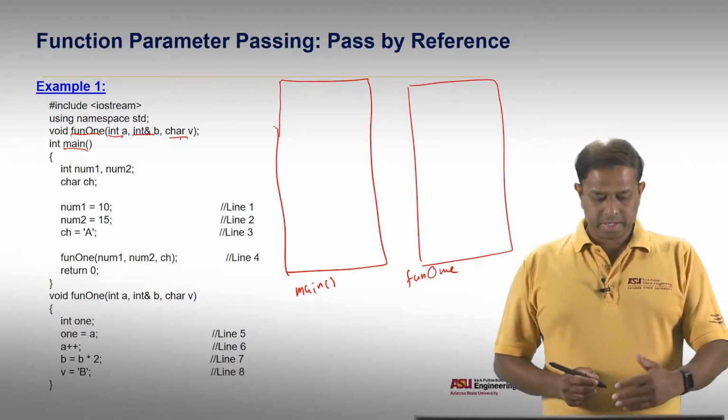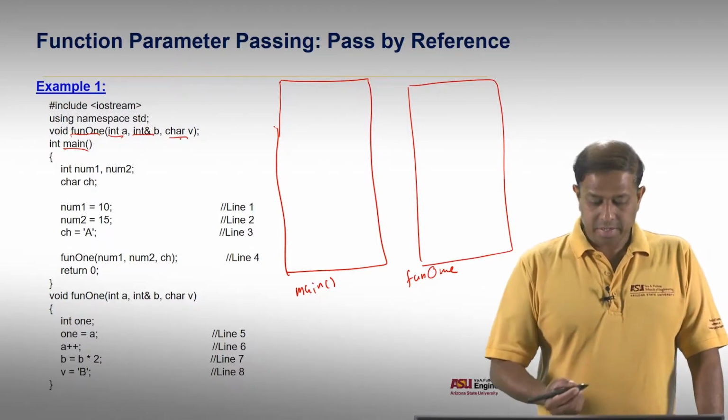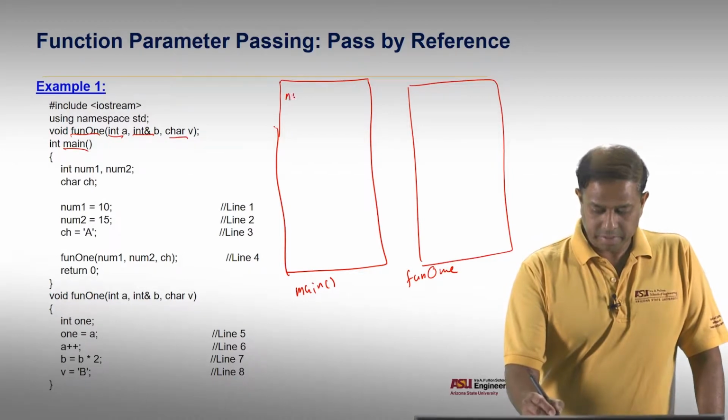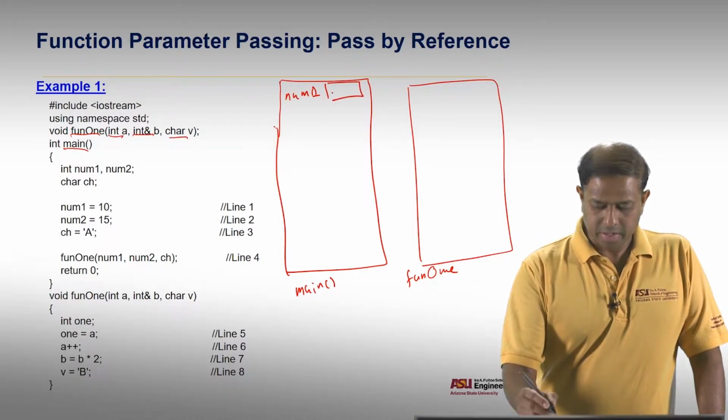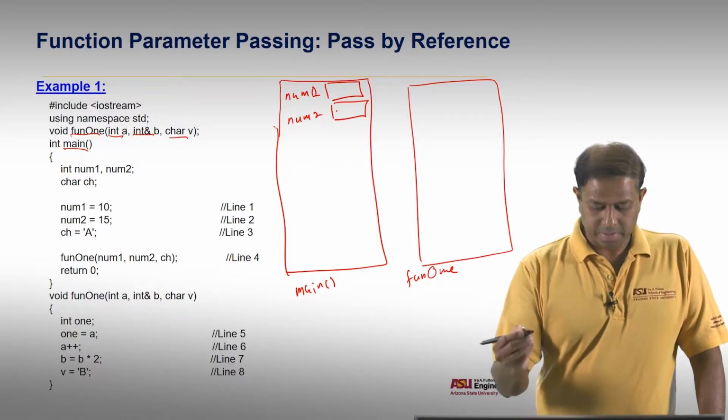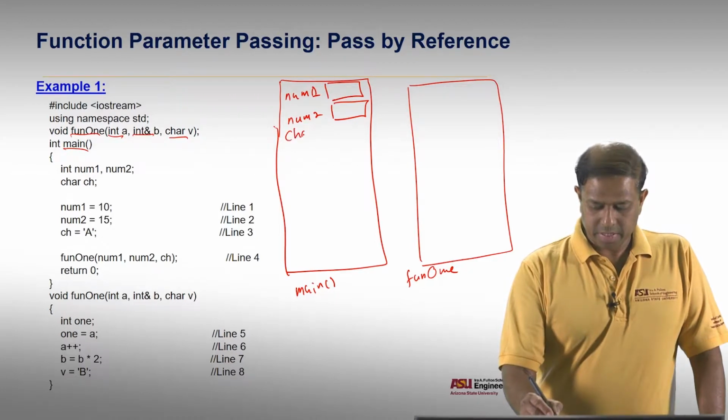Okay. So inside the main method we are declaring 3 variables. The first one is num1, the second one is num2, and the third one is a character variable.